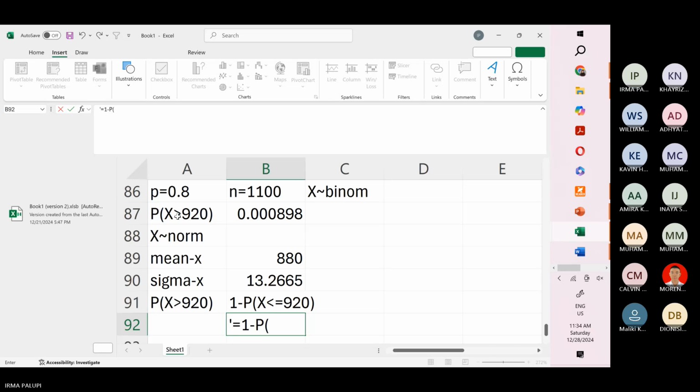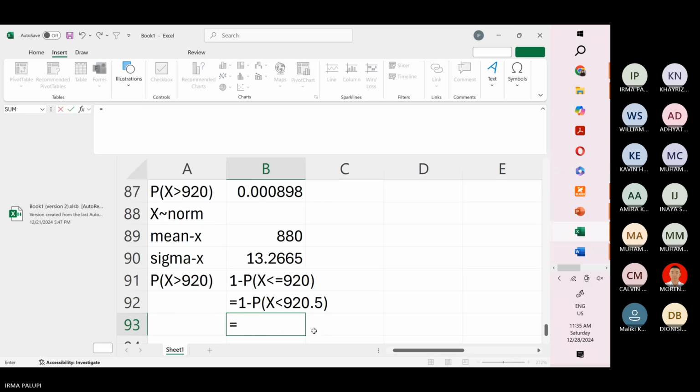Binomial is discrete. The upper bound is 920, and we need to enlarge the interval, so we add half in the upper bound. So you need to find what is X less than 920.5, comma, with the mean and this is the standard deviation.